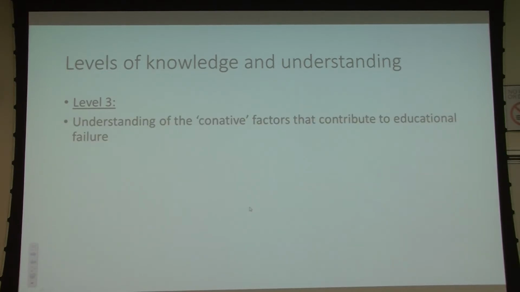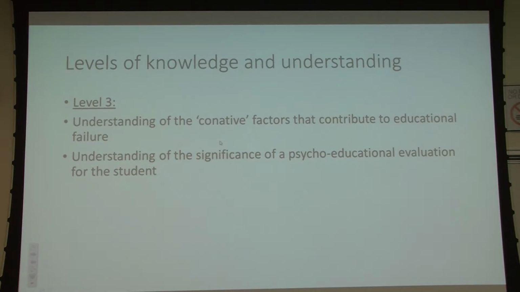Okay, level 3, understanding the cognitive. This is Kevin McGrew's word, those non-cognitive factors, the affective stuff, the motivation and the persistence. And remember, that was that last question on the exam. Like Flanagan said, what are these other factors that are not SLD that are facilitators and inhibitors? Understand the significance of the evaluation for the student.